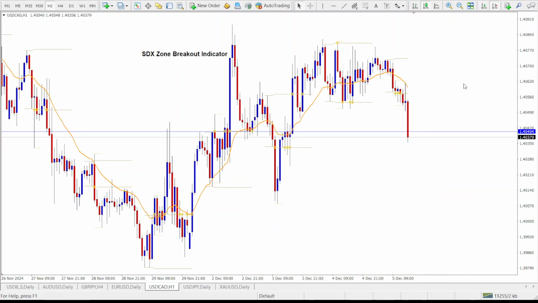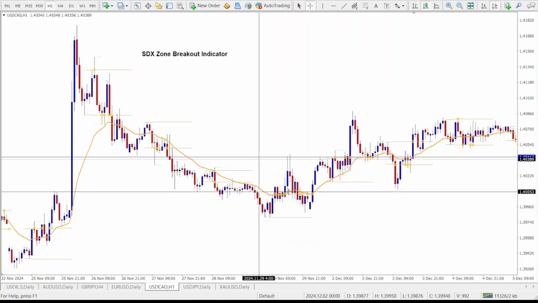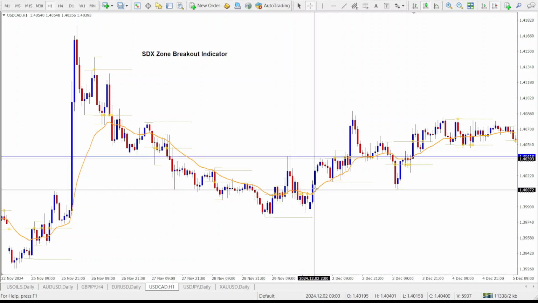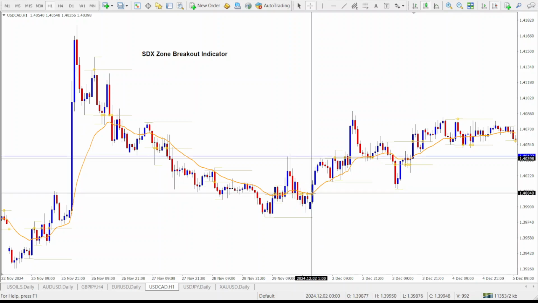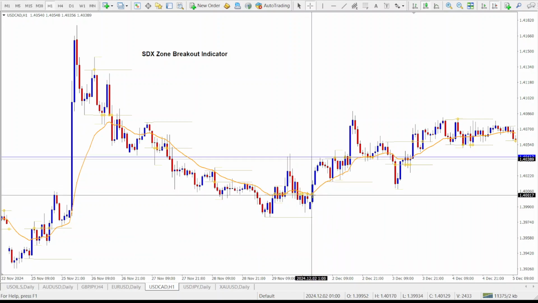Now we can see that at this point, there was a signal from the SDX Zone Breakout Indicator. And as you can see, when the price broke out of that horizontal resistance, the moving average also confirmed the breakout, so it would have been a good opportunity to enter a buy.